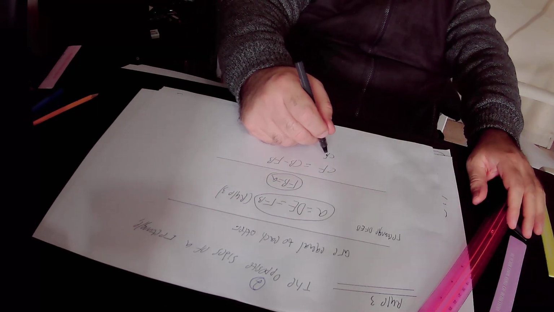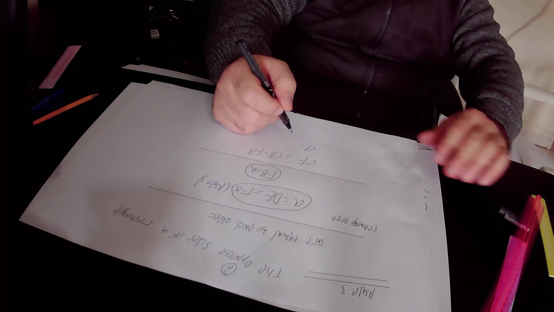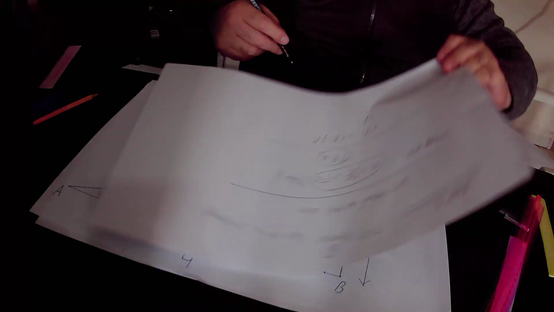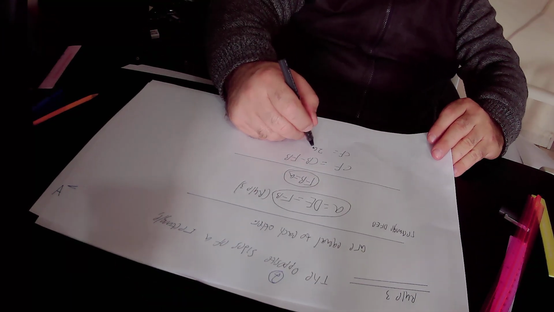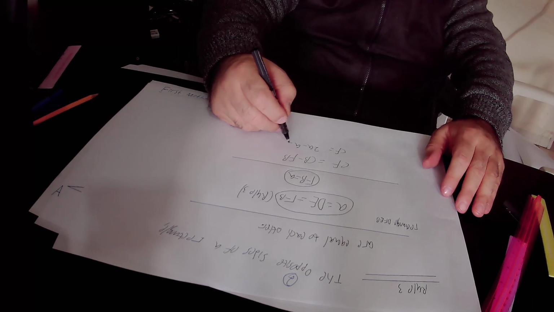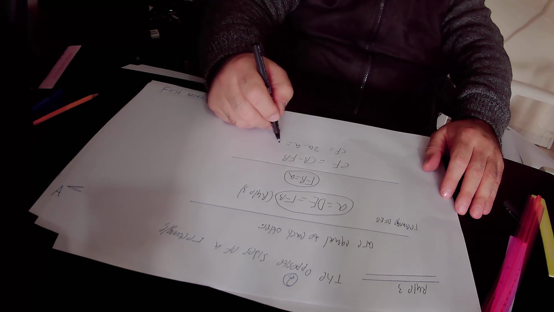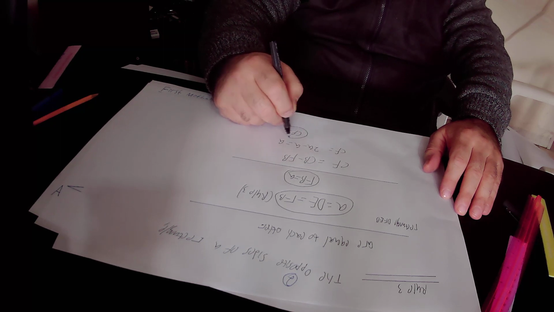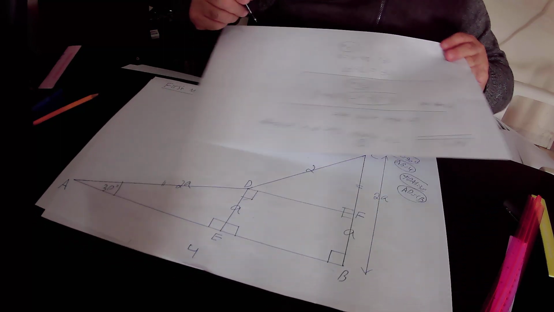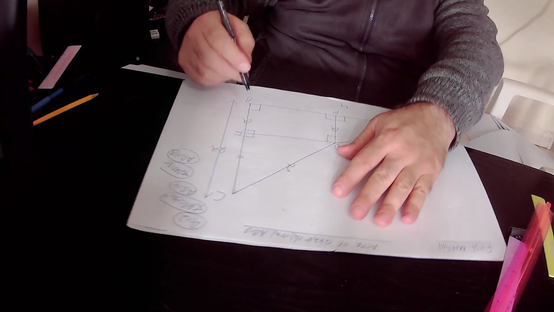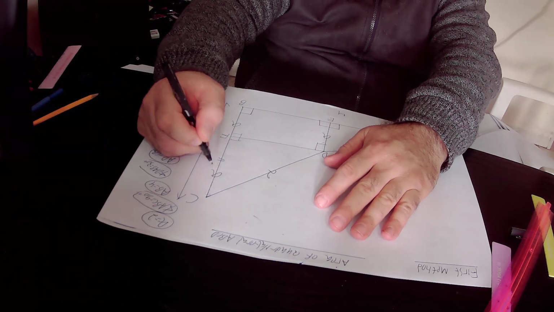So CF equals, CB is equal to 2A, and FB equals A. So CF equals 2A minus A, which is A. So we found out that CF equals A. So we can write here that CF equals A.